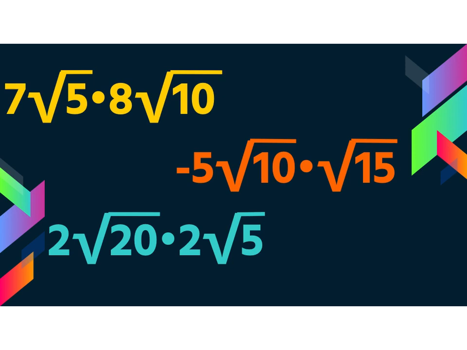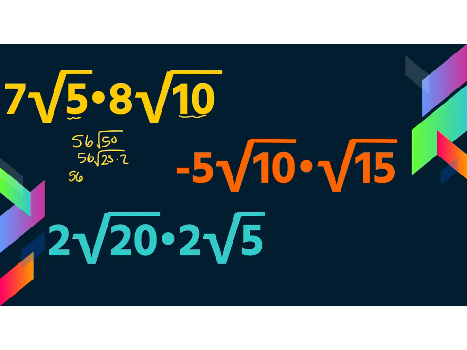All right, let's look at our first example. We're going to multiply the coefficients first. So 7 times 8 is 56. Then I'm going to multiply 5 times 10. So we have 56 square roots of 50. Next, I'm going to look at 50, and I'm going to realize that it is not simplified. I can break that up into 25 times 2. Bring our coefficient of 56 down.